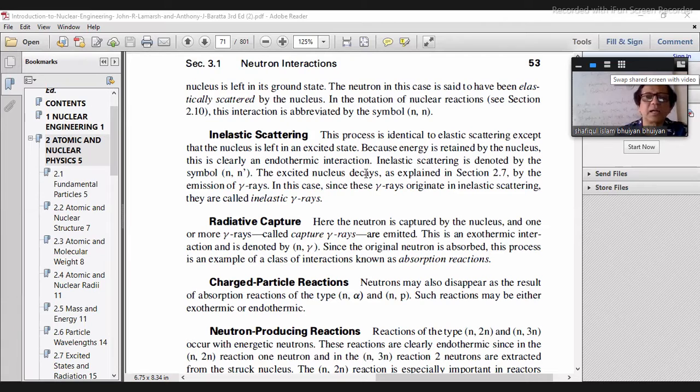In that case, it will come to the ground state with the emission of gamma rays, and these are called inelastic gamma rays. So in inelastic scattering, we can have n prime, and in addition we can have gamma radiation after the interaction. So this is inelastic scattering.